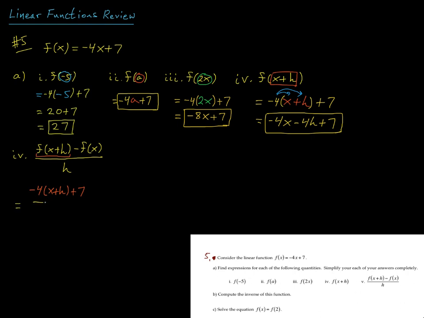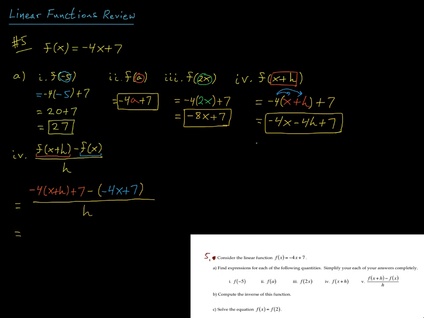Now we're going to subtract from that f of x, and f of x is minus 4x plus 7. We want to be careful here. Since we're subtracting f of x, we're subtracting this entire expression. So I'm going to put parentheses there to emphasize that this negative applies not just to the negative 4x, it applies to the 7 as well. It's distributing. And then I have a division by h there.